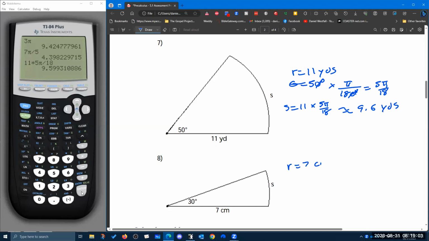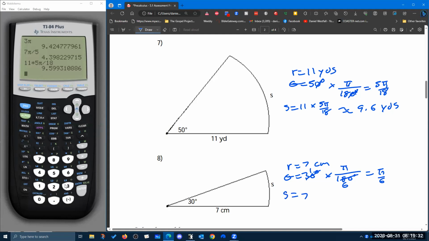R is 7 centimeters. Theta is 30 degrees. We calculated this one in one of the earlier videos, but let's go ahead and do it again here. 180 degrees is in the bottom, pi is in the top, degrees cancel, and 30 goes into 180 exactly 6 times. This is pi over 6. That's going to be an important angle to us later in trigonometry, so remember that one.